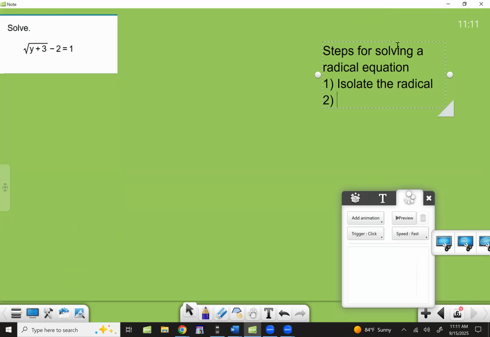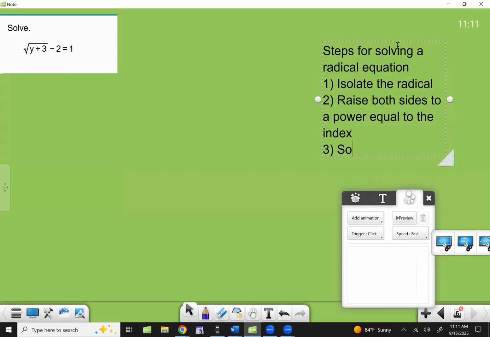Number 2, raise both sides to a power equal to the index. Talk more about that in a second. Step 3, solve. And the oh so important step, and I got burned all the time because I didn't do it, Step 4, which is to check. Really, you only need to do that if it's an even indexed radical.